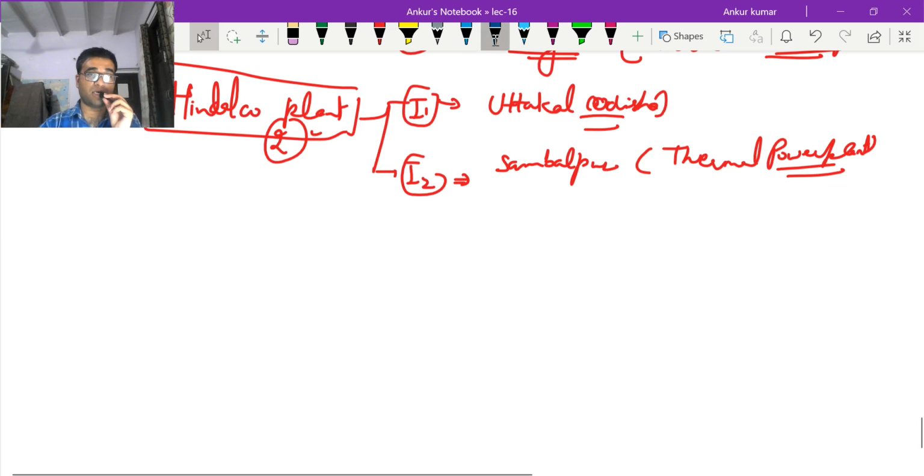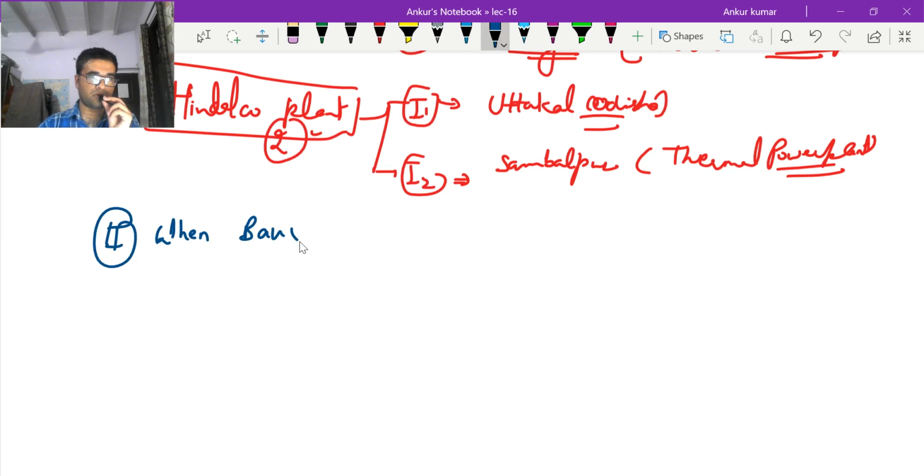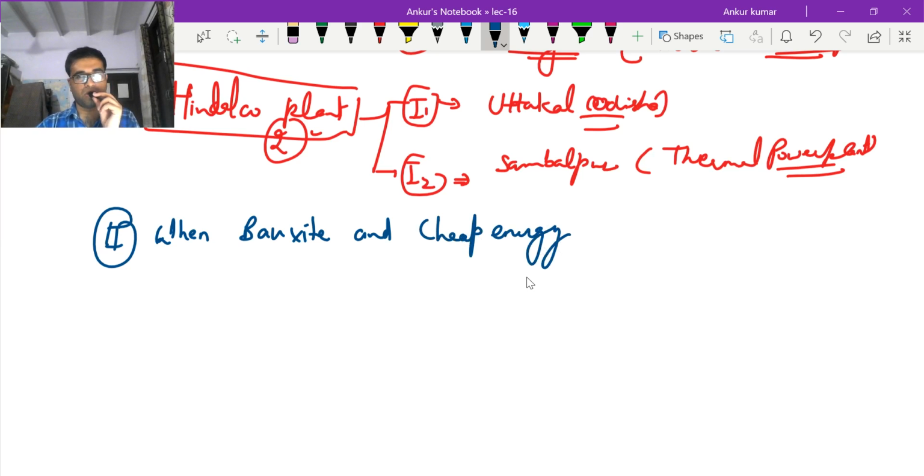So now let us look at the second part, when a raw material, that is bauxite, and HEP or cheap energy are located near to each other.